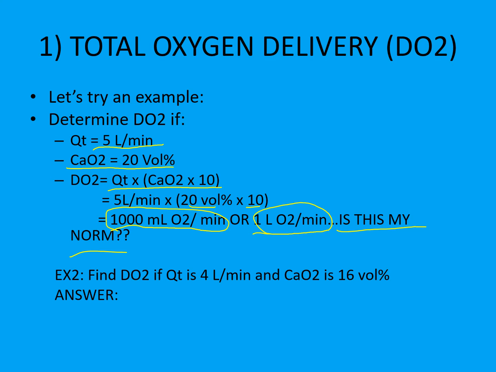So what if my cardiac output's 4 liters a minute and my CaO2 is 16 volumes percent? Oh heavens. All right, so what am I going to do here? I'm going to take my 4 liters, and then I'm going to look at my CaO2, which is 16 volumes percent, times 10.